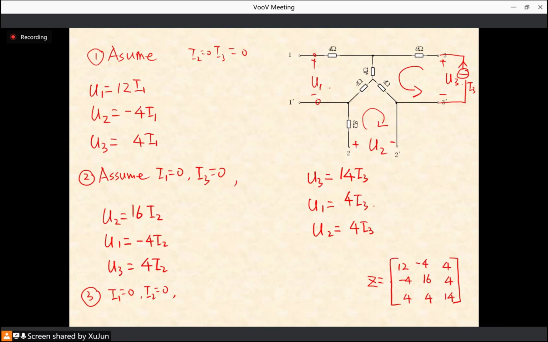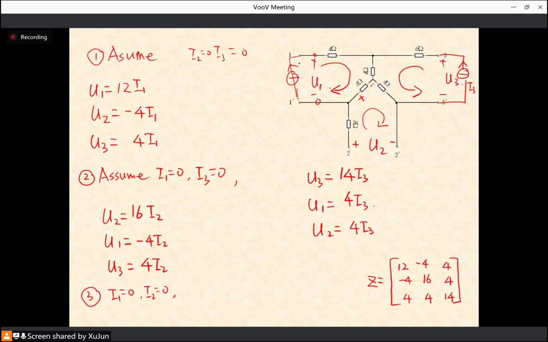So this will be the Z parameter of this network. Question: which position is minus, this minus, in the third column? Okay, repeat it. For this minus, because U2 is here, when we add I1, this loop, and U2 is here.